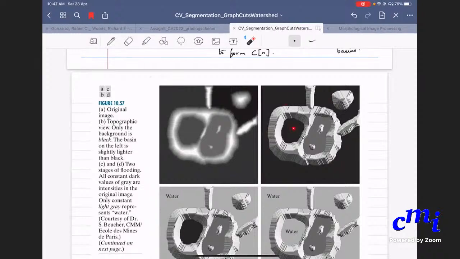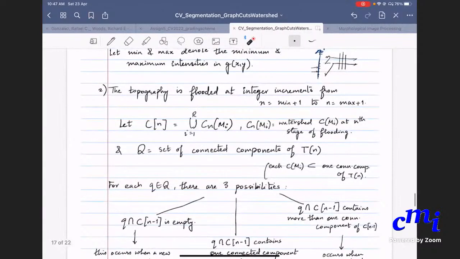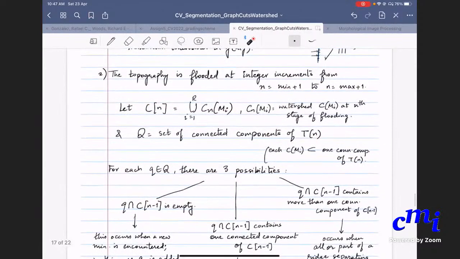So C0(Mi) is just 3. This is not black, so it won't be there in the first part. But as the level rises above this gray intensity level, there is one more connected component that comes into the picture. So as n rises, the number of connected components can change.